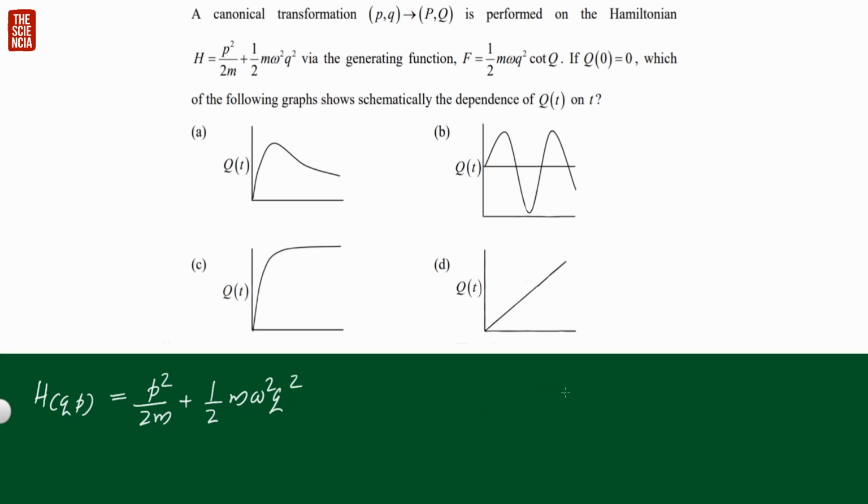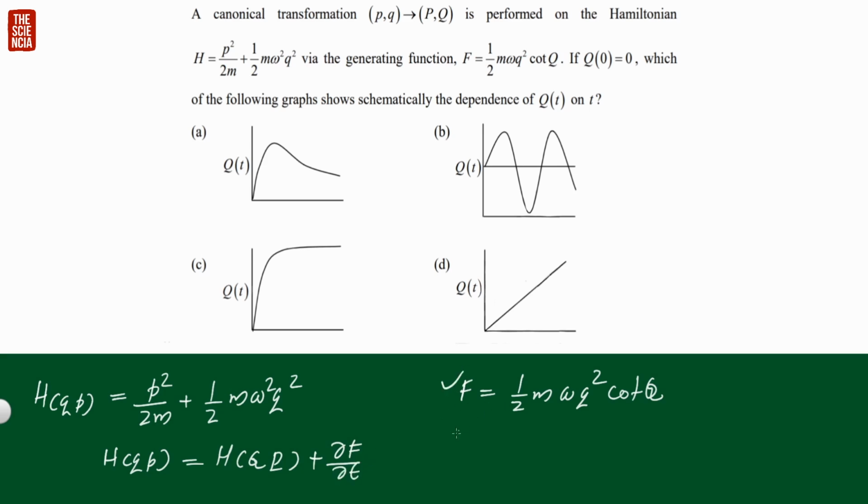And they gave the generating function also, that is F equal to 1 by 2 m omega q square cot Q. And when transforming this Hamiltonian of q, p to the new coordinates, that is Hamiltonian of capital Q, capital P, there will be dou F by dou t also. But see, in this F there is no time coordinate, so definitely this term will be equal to 0.